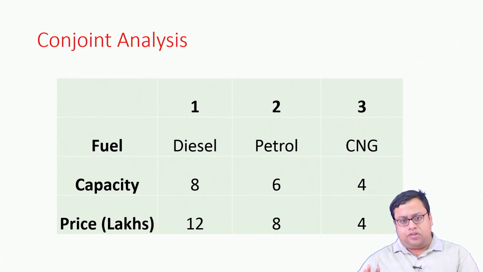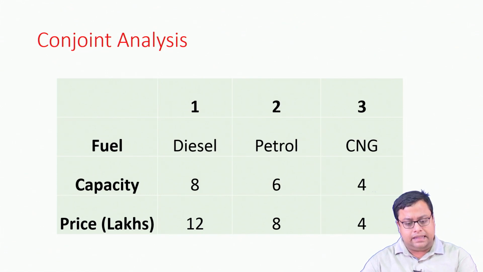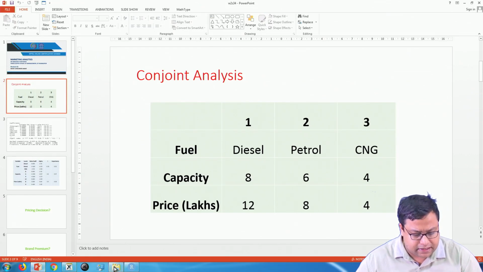Now, there are 3 factors and each factor has 3 levels. So, that will lead to 3 into 3 into 3, that means exactly 27 combinations can be created out of these things. So, what I do after knowing that is I go and ask the customers how they prefer these.